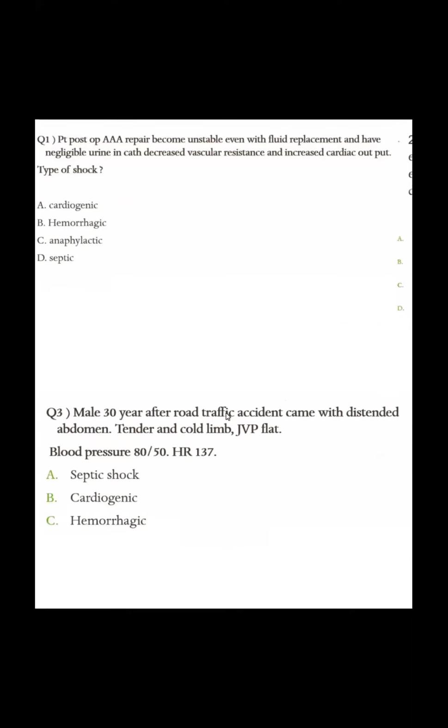Male, 30 years, after road traffic accident, came with a distended abdomen, tender and cold limb. JVP is flat. Blood pressure is 80/50 and heart rate is 137. Ma'am, it is having a history of RTA and JVP flat and distended abdomen.